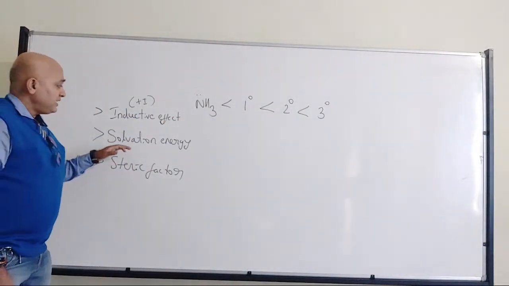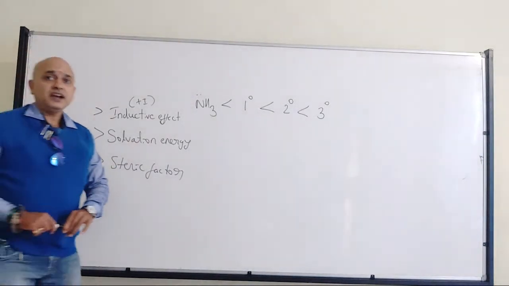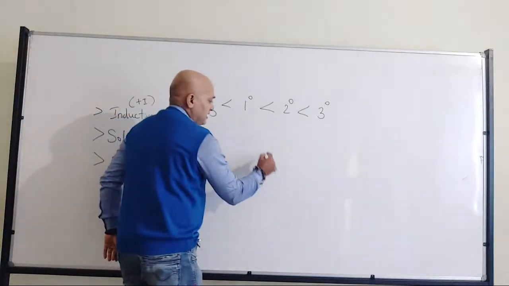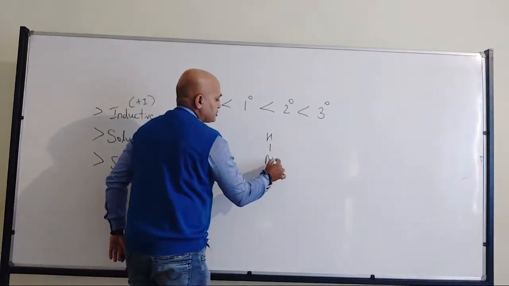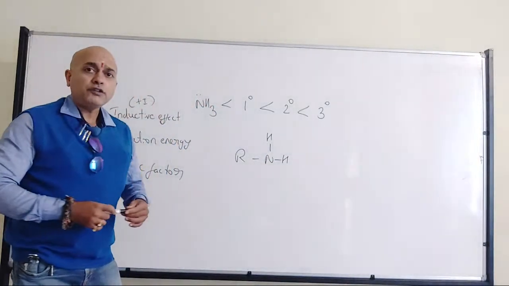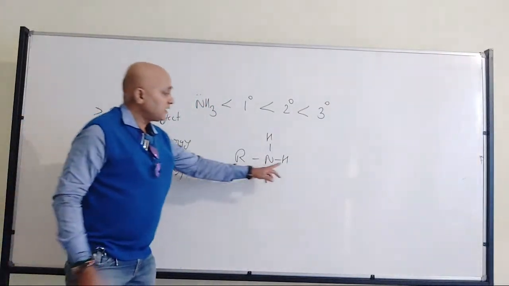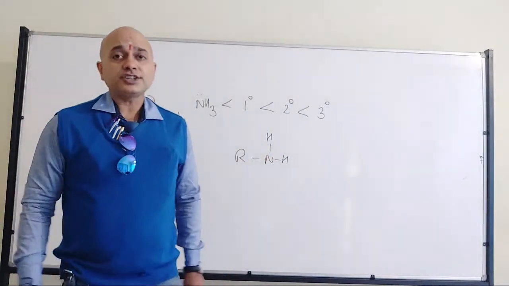Now, if I take solvation energy and steric factor, now we have a condition when it comes to the primary amine, hydrogen, hydrogen, then R. All of you should agree that compared to hydrogen, alkyl group will be larger, right?